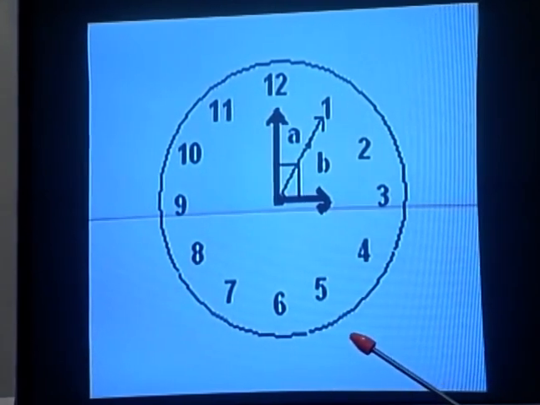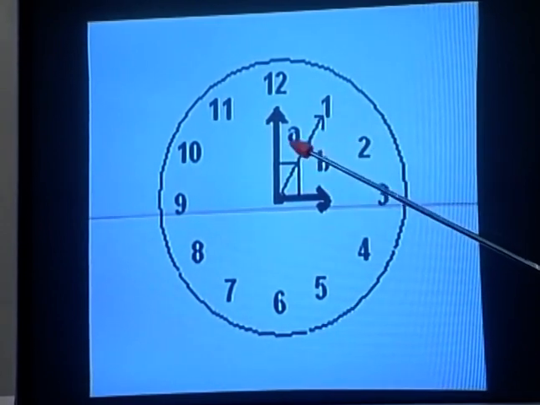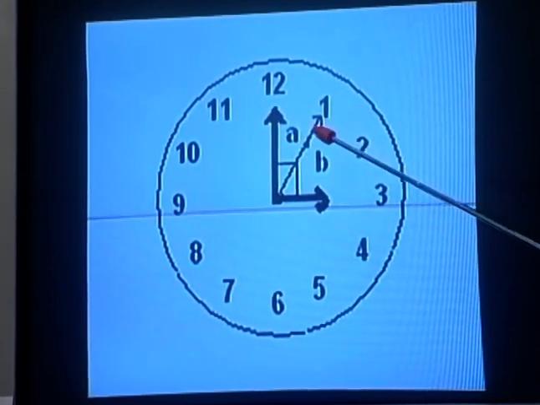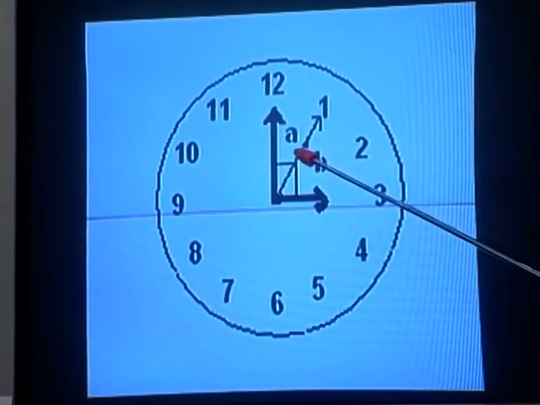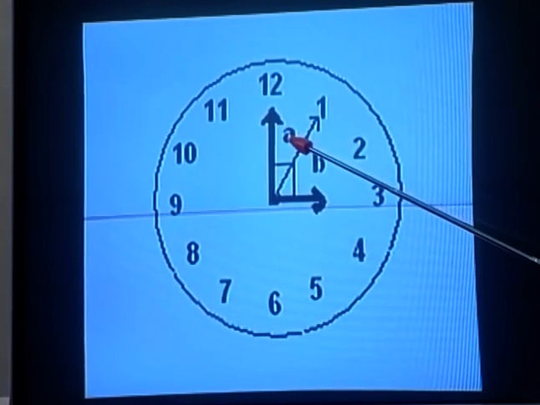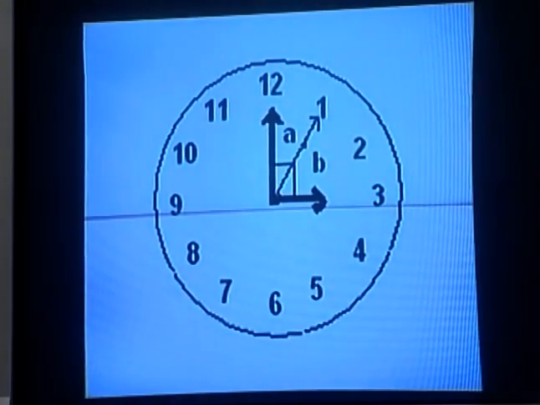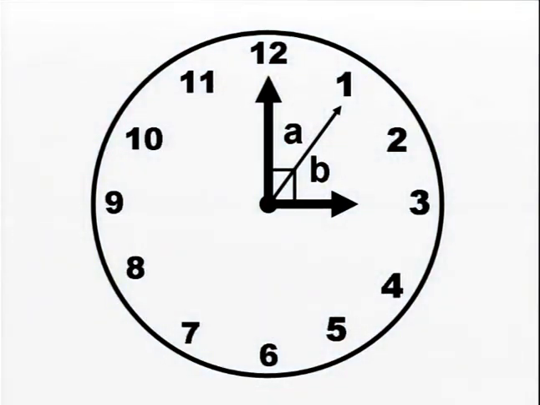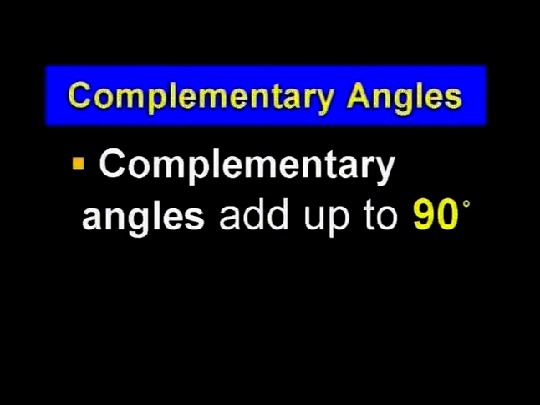Again, when we include the second hand, it divides this angle into two parts, angle A and angle B. When you add these two angles together, it gives you 90 degrees. So complementary angles add up to 90 degrees. Is that clear?